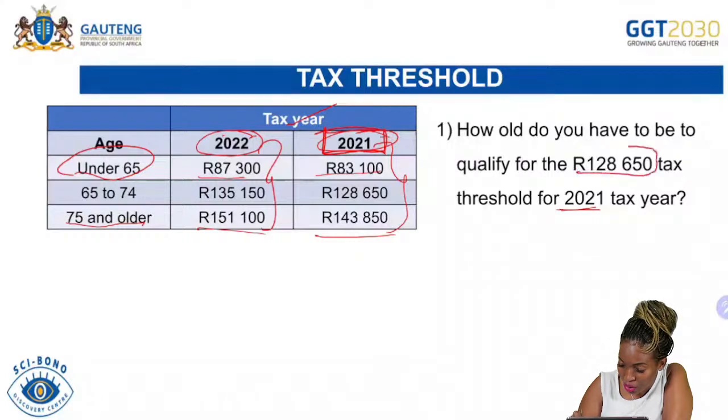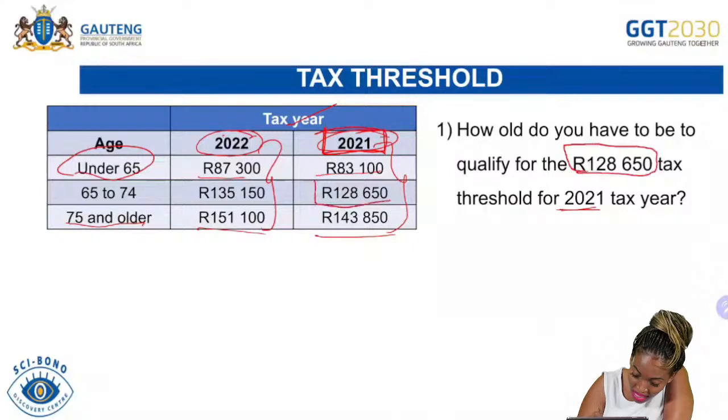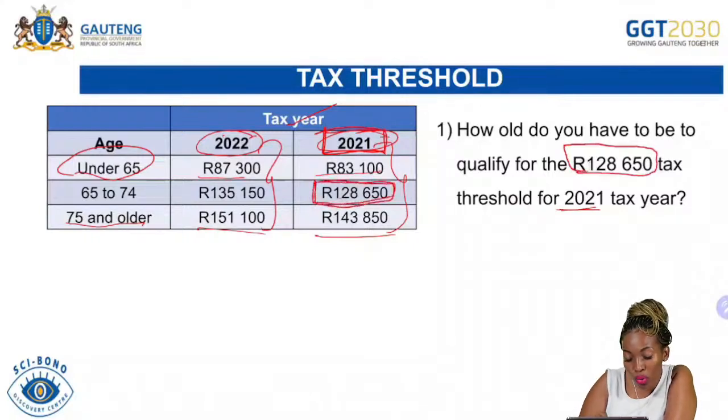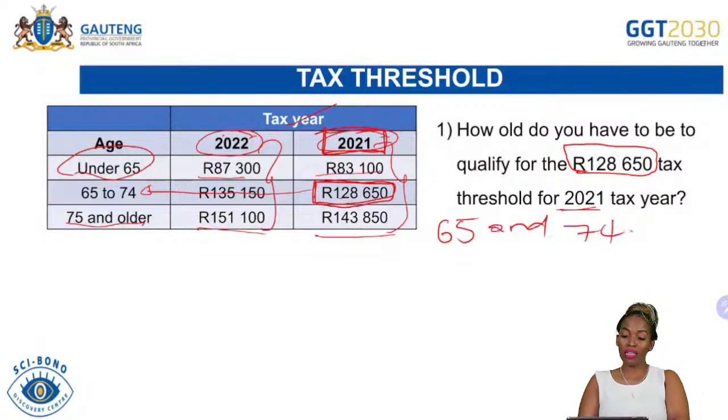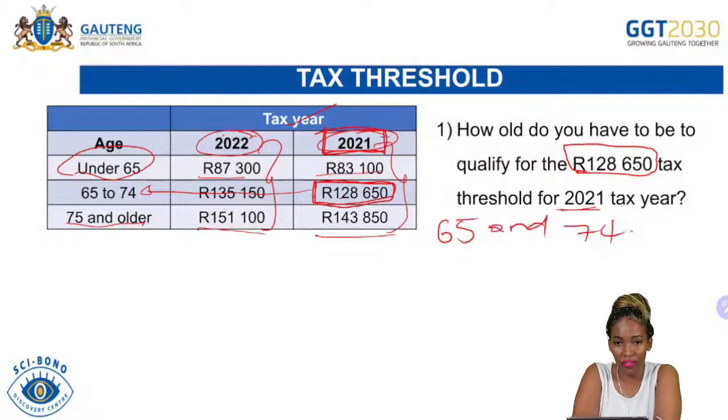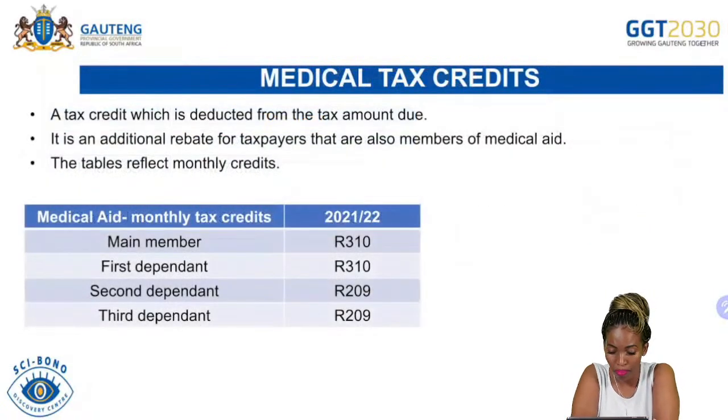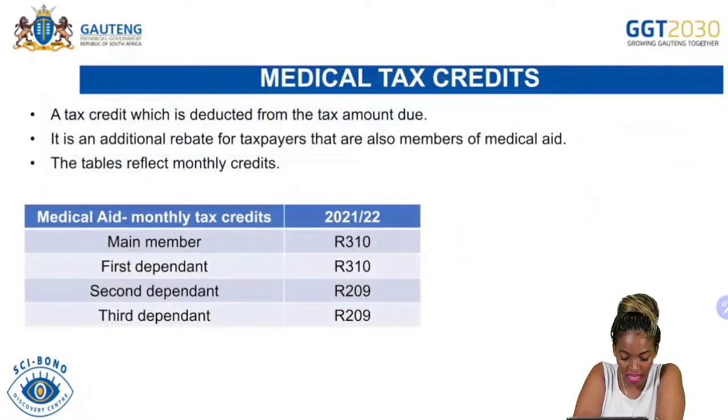It is 128,650. So how old do you have to be here? You just draw an arrow like this. You have to be between the ages of 65 and 74. That's how old you must be to qualify for the 128,650 tax threshold.